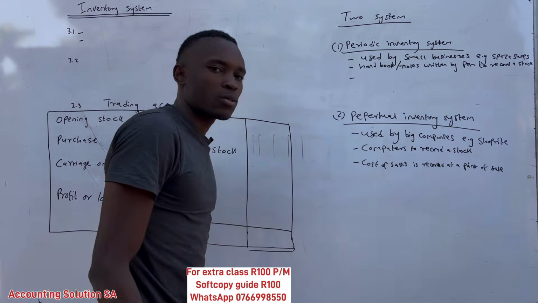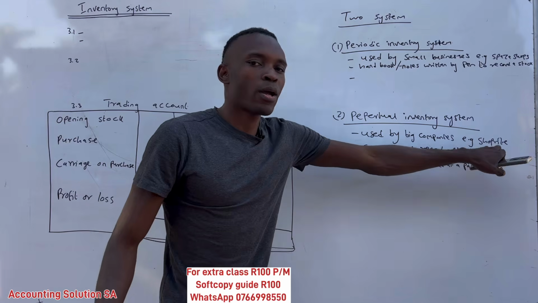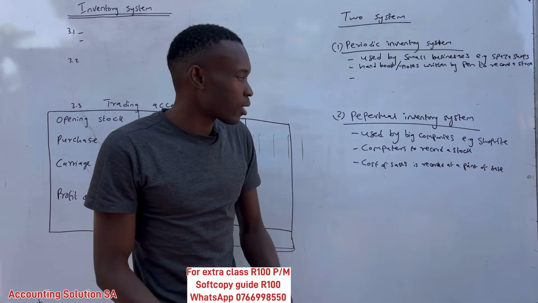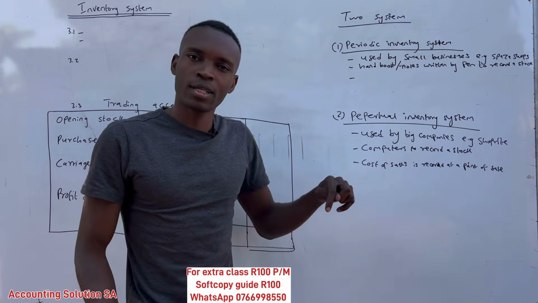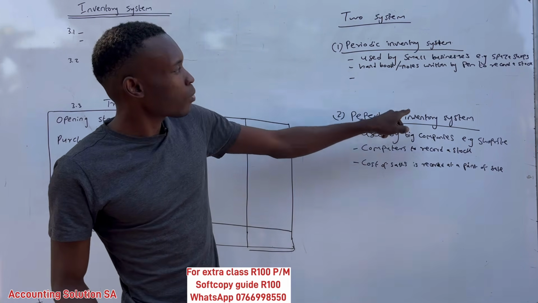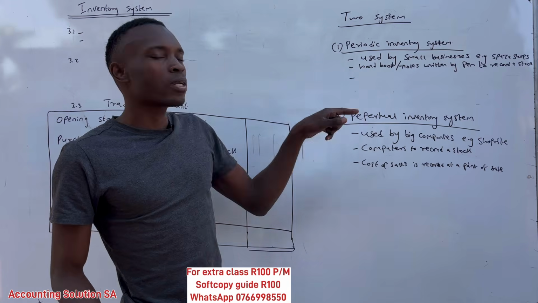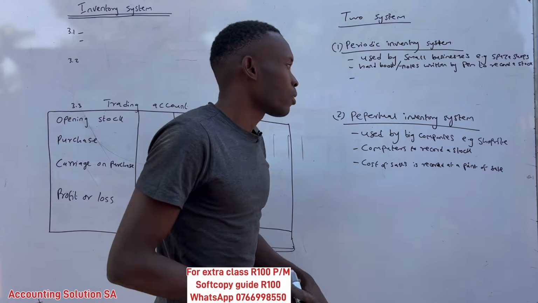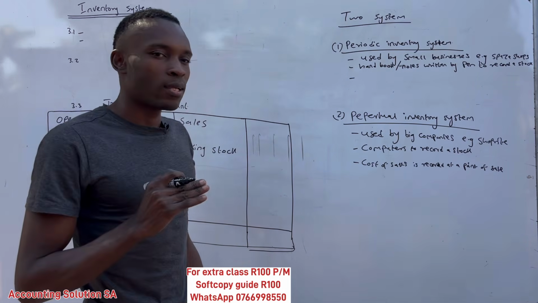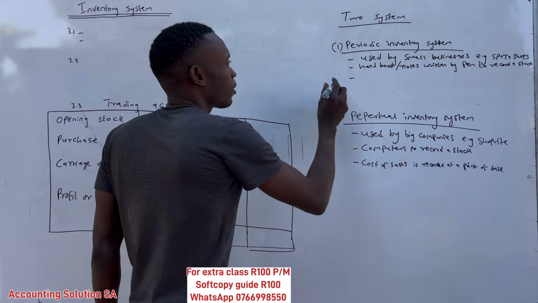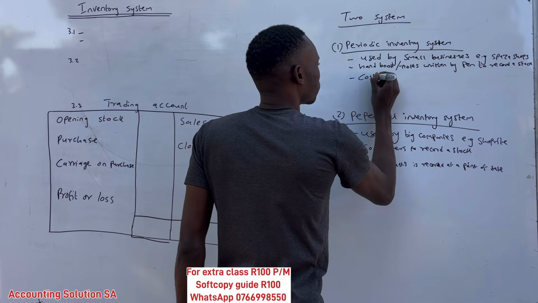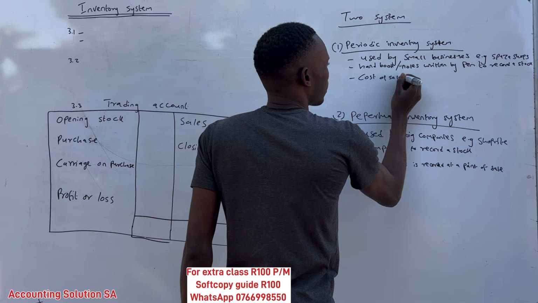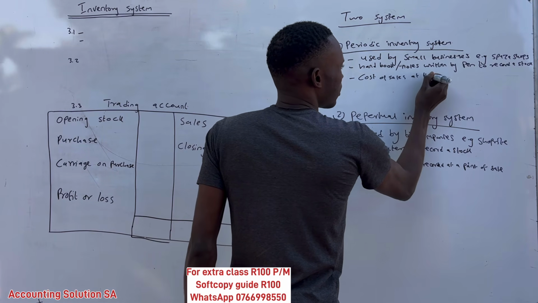In other words, if you buy a cold drink at ShopRite, the software is going to record the cost of sales of that cold drink immediately at the point of sale. But when it comes to the periodic inventory system, you have to wait for the year end, because the periodic inventory system records cost of sales at the year end.